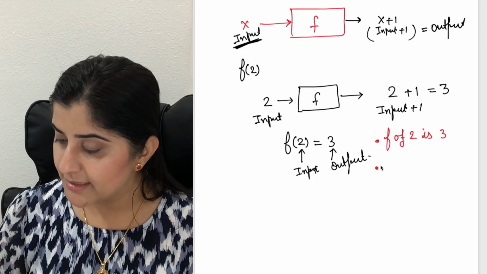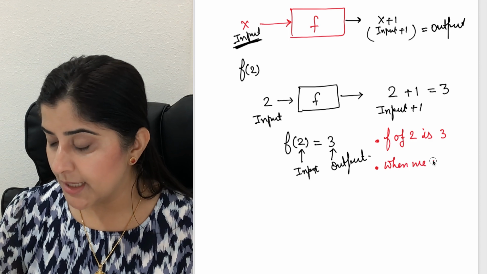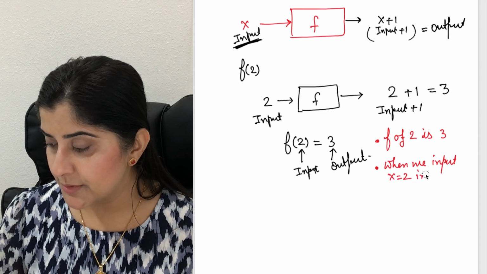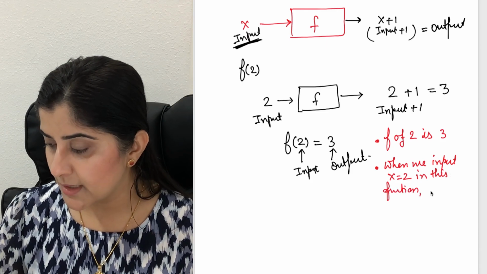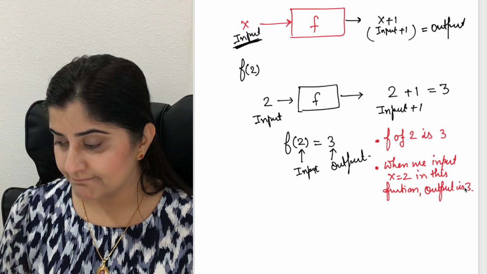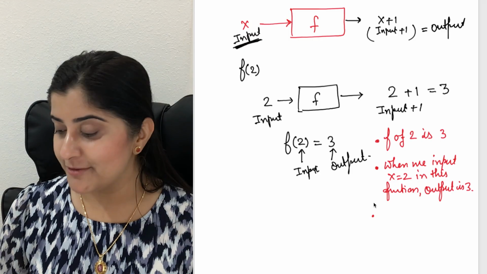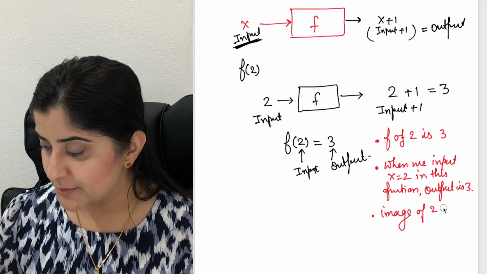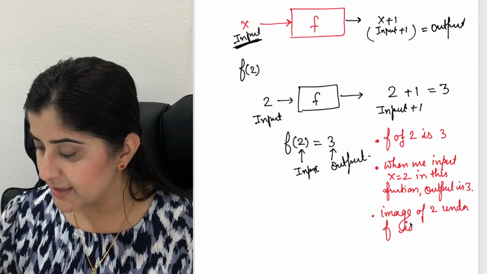You can also read this as: when we input x equals 2 in this function, the output is 3. Image of 2 under this function f is 3. Image of 2 under f is 3.